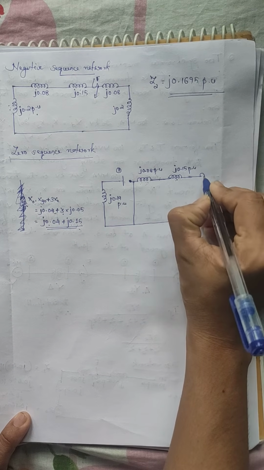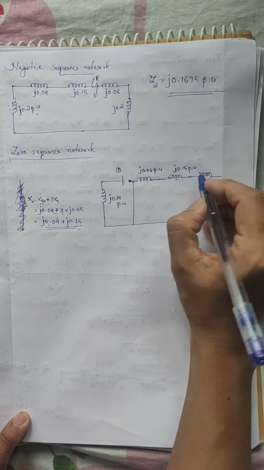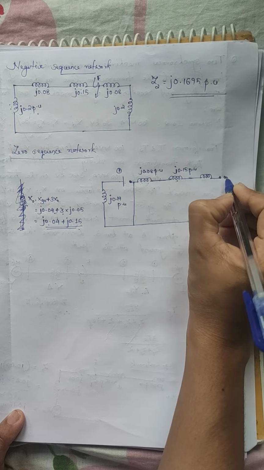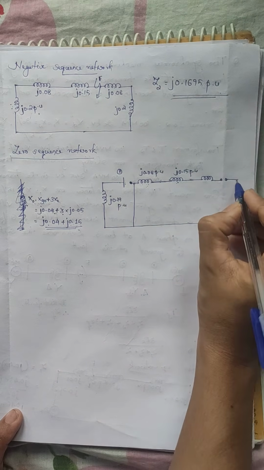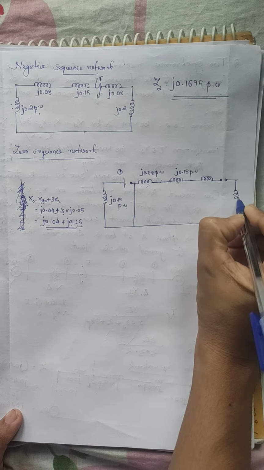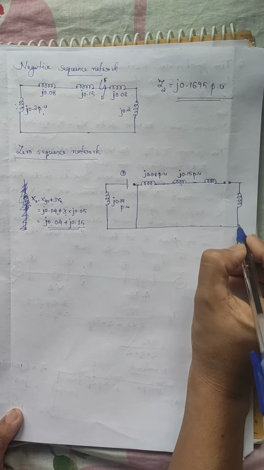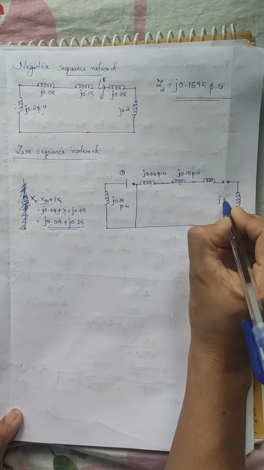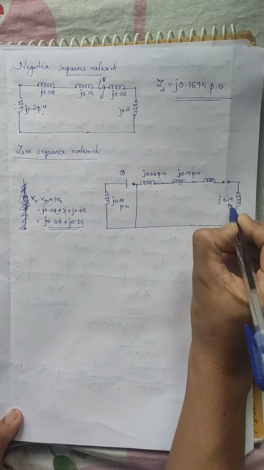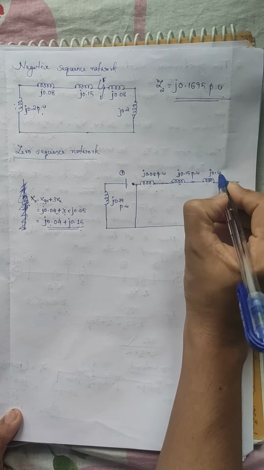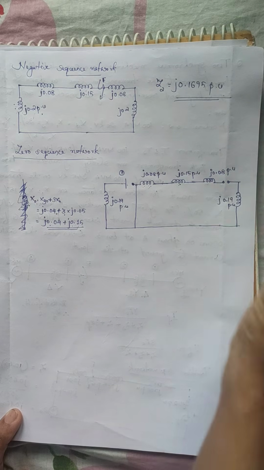If this is the transformer zero sequence reactance, then we have to represent an open circuit here. And finally machine 2 represents the zero sequence reactance of machine 2, which is also X0 plus 3Xn, that is J0.19 per unit. For transformer T2 this is J0.08 per unit.